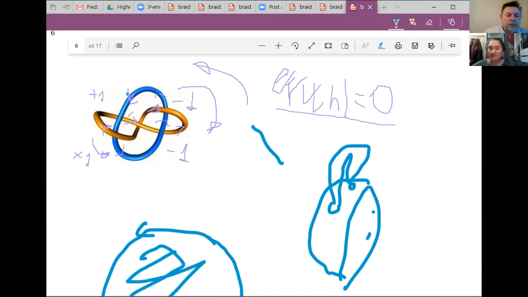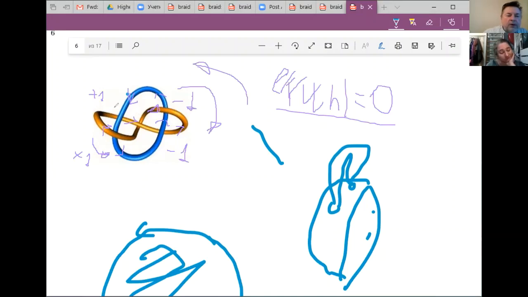It goes in the positive direction of the complex plane. Now yellow is at the top, but the direction is the same. And here we are getting -1 and -1.